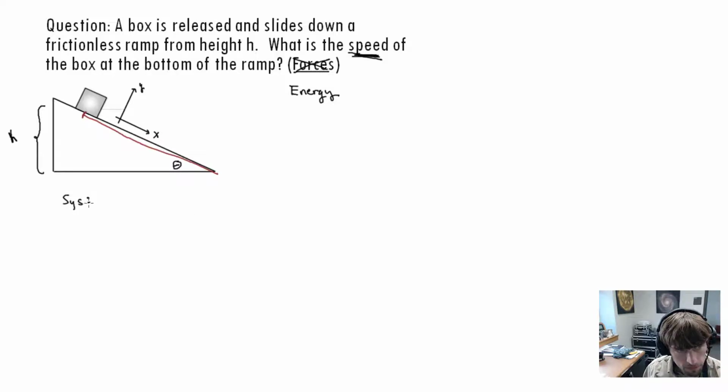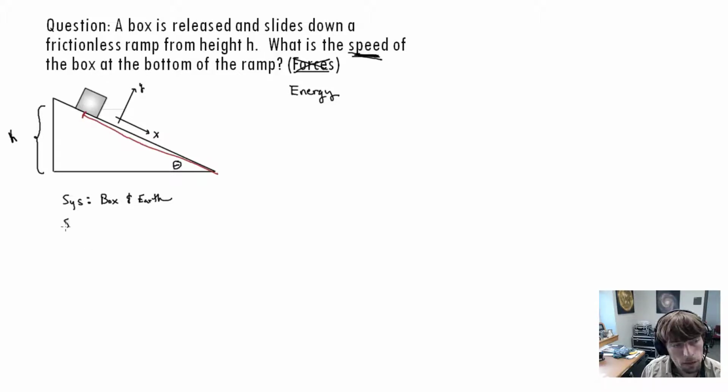What's a good choice of system? I think probably the best choice, the one that'll be the fastest, will be choosing the box and Earth.